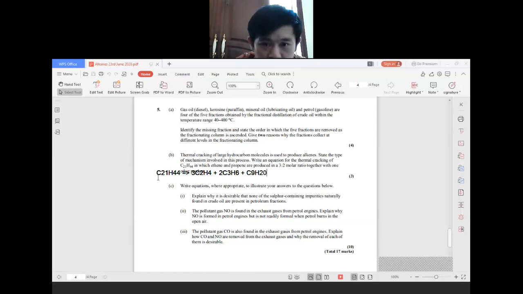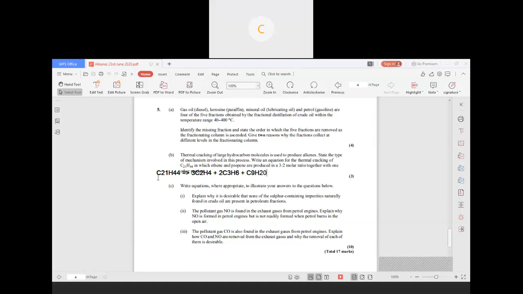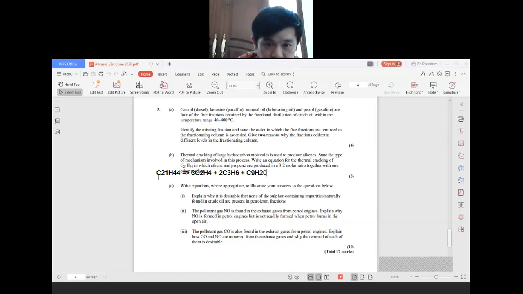It goes into the engine, in which the amount of oxygen is limited. So when nitrogen is heated, it will combust with the limited amount of oxygen to produce nitrogen monoxide. But when petrol burns in the open air, there is an excess amount of oxygen. When nitrogen gas is combusted in an excess amount of oxygen, nitrogen monoxide will not be formed.